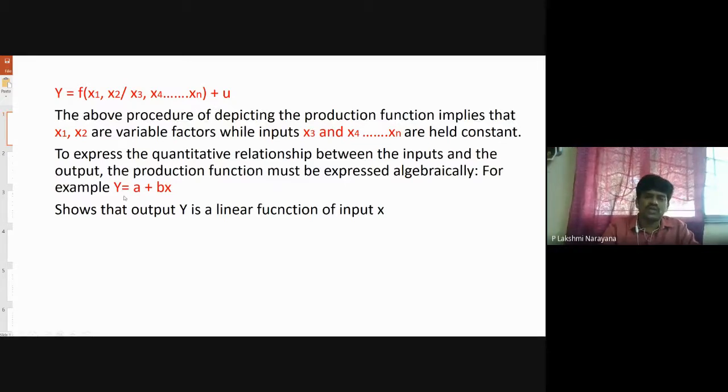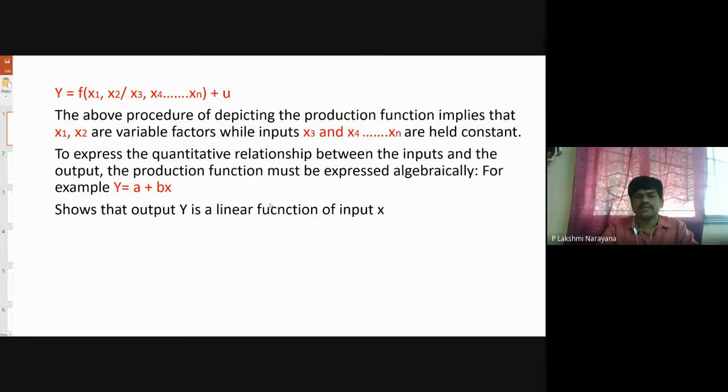This is one type of algebraic form. It shows that output y is a linear function of input x. Y is equal to a plus bx is a linear form. That's why y is a linear function of input x.